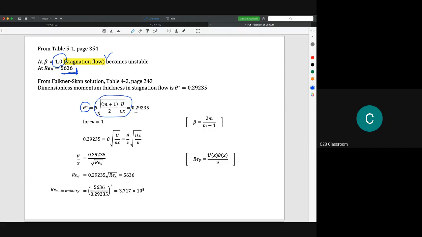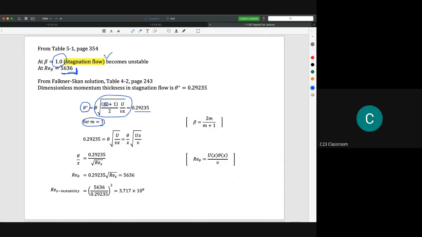From the table, it is equal to 0.29235. With m equal to 1, we substitute m equal to 1 here, so we get 2 over 2. The value of 2 disappears, it can be cancelled.